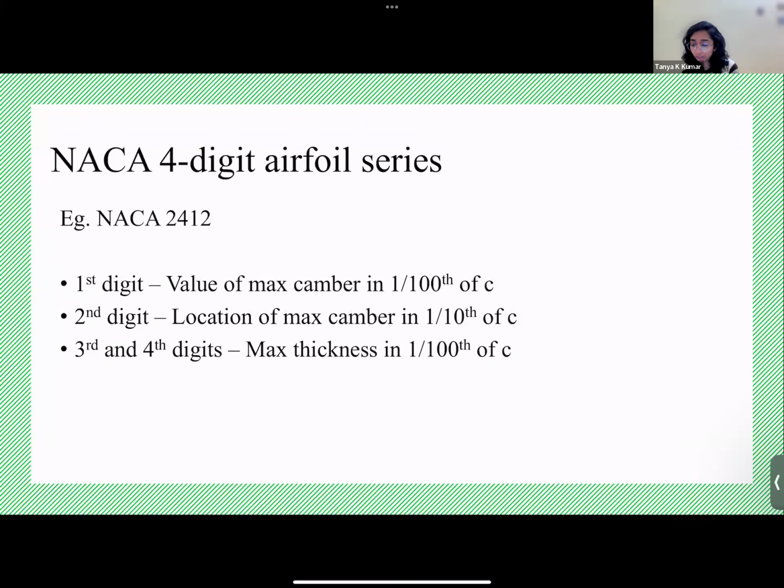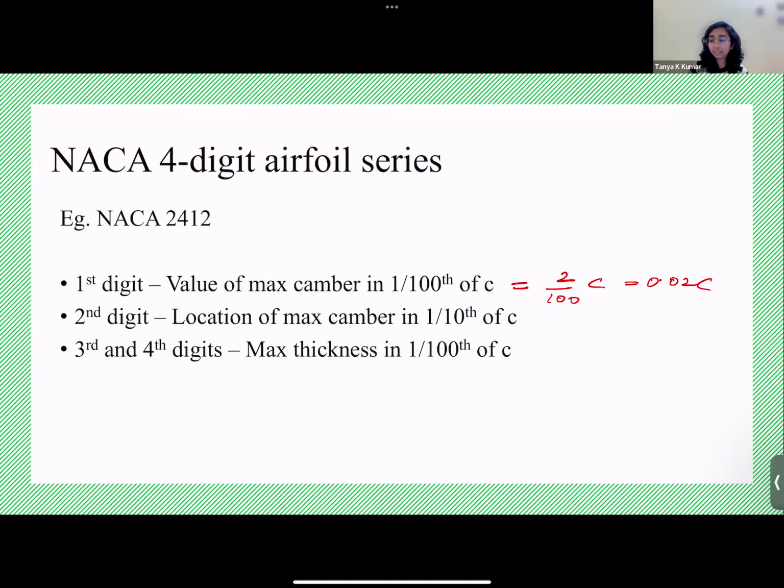In the NACA 4-digit airfoil series, the first digit represents the value of maximum camber in 1/100th of C. In this case, the first digit is 2, so it will be 2/100 C, that is 0.02 C. So the maximum camber of this example is 0.02 C, right?